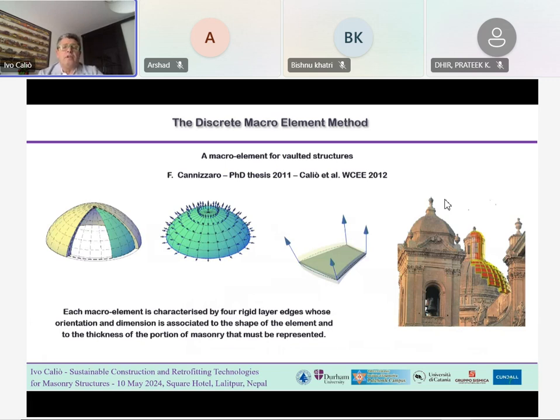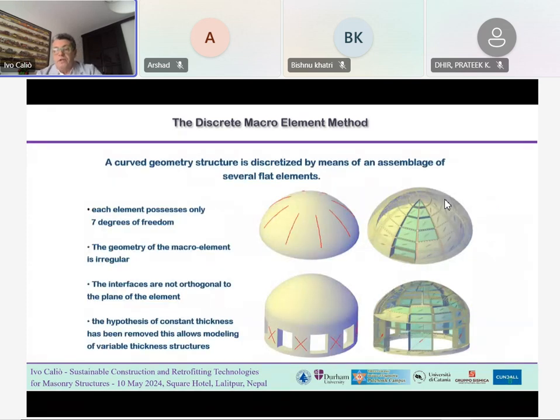Successively in 2011, another PhD thesis, of Professor Carnizzaro, extended this macro element approach to curved geometry in order to account also for domes, arches, and curved geometry elements inside historical masonry buildings. The philosophy adopted for the curved geometric macro element was exactly the same as previously adopted.